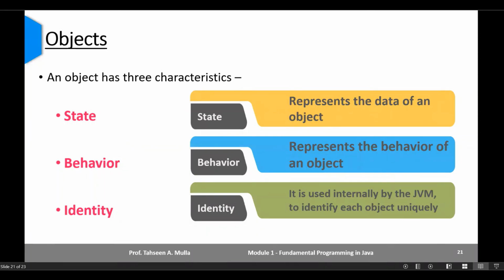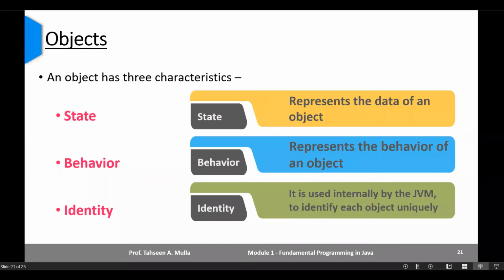An object can be defined in various terms. Rather than state and behavior, it can also be called a real world entity, right? An object can be a runtime entity. If I have an account with withdrawal and deposit, I do not know what amount is to be withdrawn or deposited. That will be decided by the user at runtime. So I'll take that input and then go for processing, right?